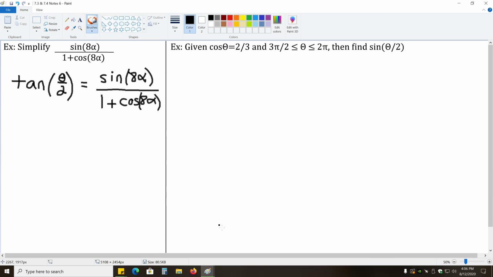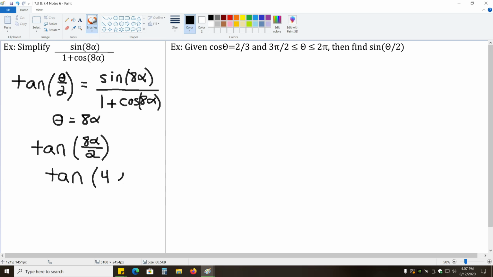So going back to this problem, theta must equal 8 alpha. Because of our half angle formula, whatever's plugged into sine and cosine must be what's above the 2 inside of our tangent function. So sine of 8 alpha divided by 1 plus cosine of 8 alpha must be equal to tangent of 8 alpha over 2, which means it's equal to tangent of 4 alpha.